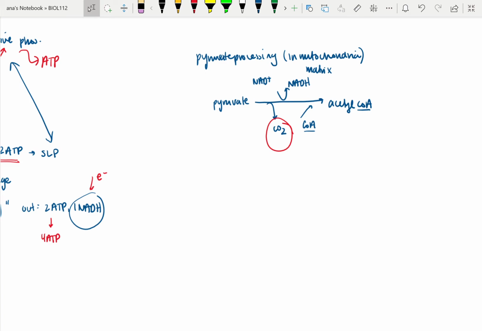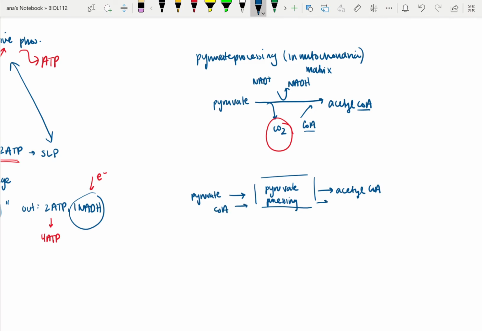That's basically the overall. I can draw the input and output, but it's basically what I just drew. So pyruvate goes in, and you get acetyl-CoA out. You also have to input a CoA molecule. You also get CO2 as an output.